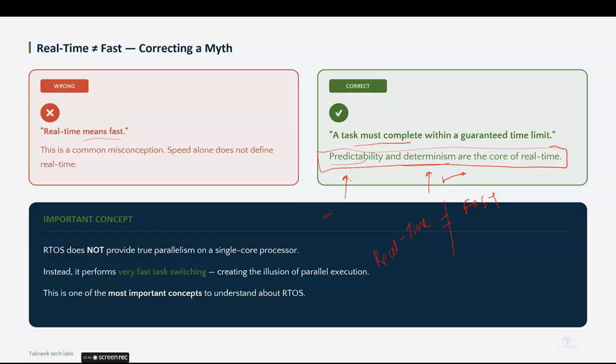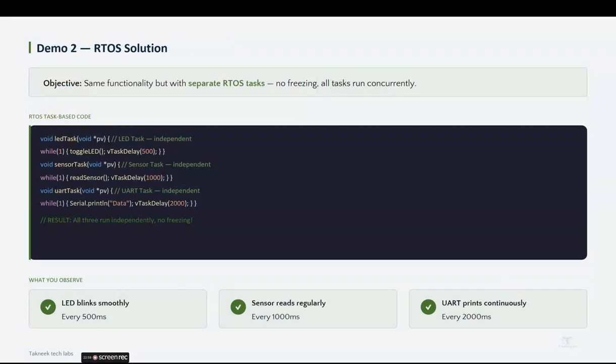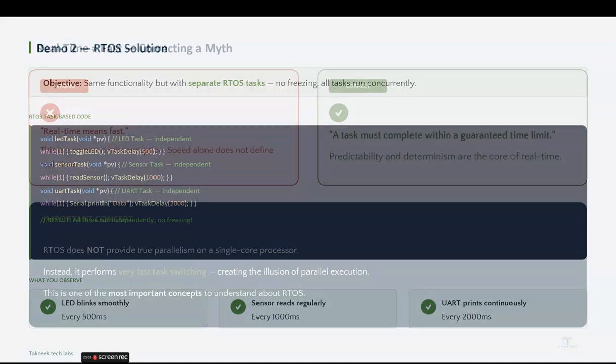RTOS does not provide true parallelism on a single core processor. Instead, it performs very fast switching, as we see: task 1, task 2, task 3, task 1, task 2, task 3, and so on. It performs very fast switching, creating the illusion of parallel execution. You'll get the illusion that everything is happening simultaneously, but it's not, at least on a single core.